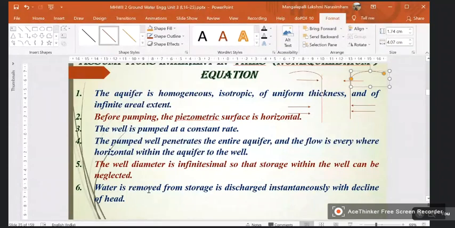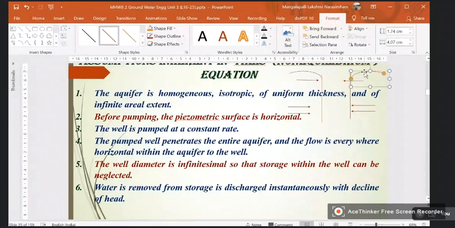Then water removed from storage is discharged instantaneously. Obviously, when the storage is small, then whatever amount of water is entering into the well is being removed through pumping. So whatever is removed from the storage within the aquifer and enters into the well is instantaneously discharged out.